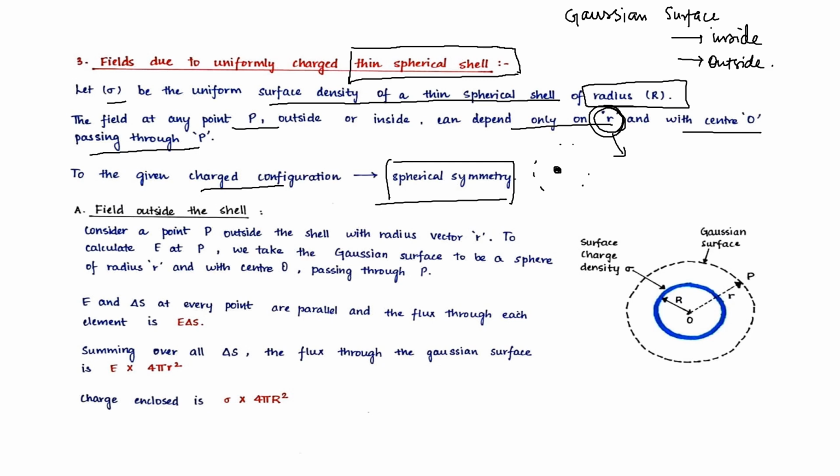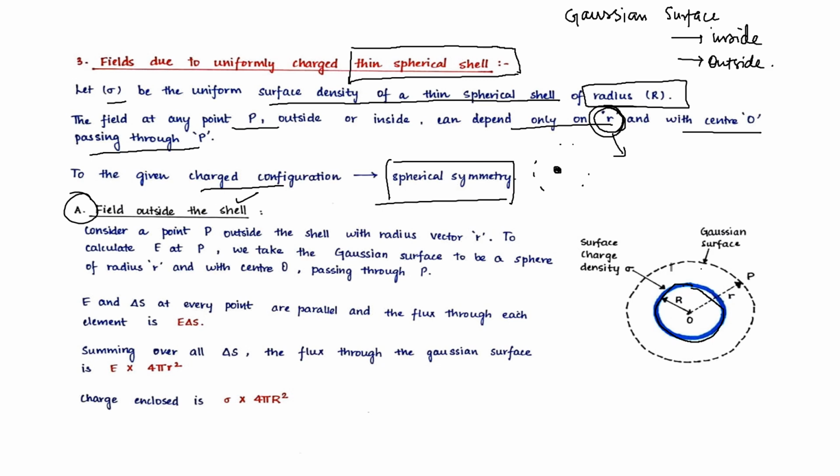Now, as I have already told you, when we are dealing with a thin spherical shell, we have two things to determine: when the Gaussian surface is taken outside the spherical shell, and when it is taken inside. First, we will find the field outside the shell. This blue one is our shell, and this is the Gaussian surface.